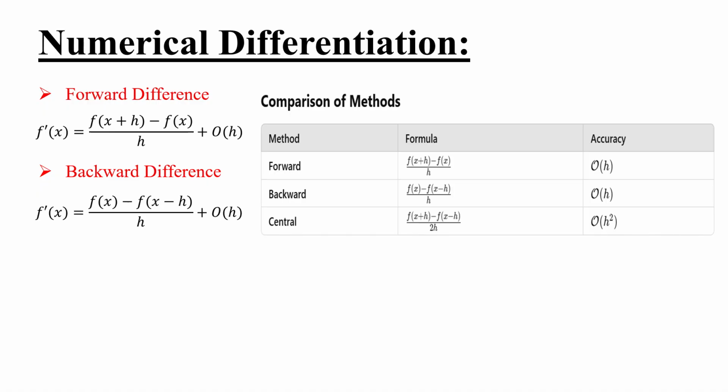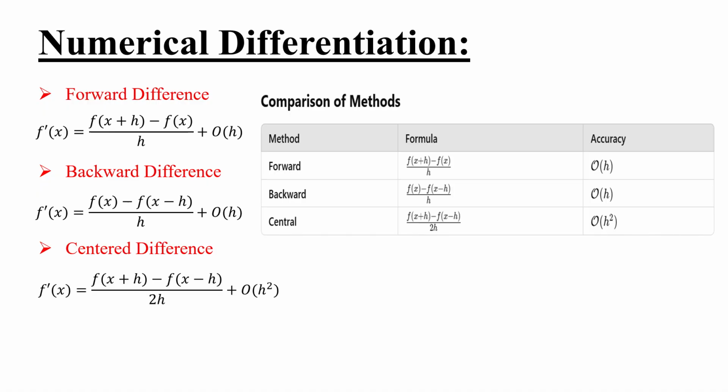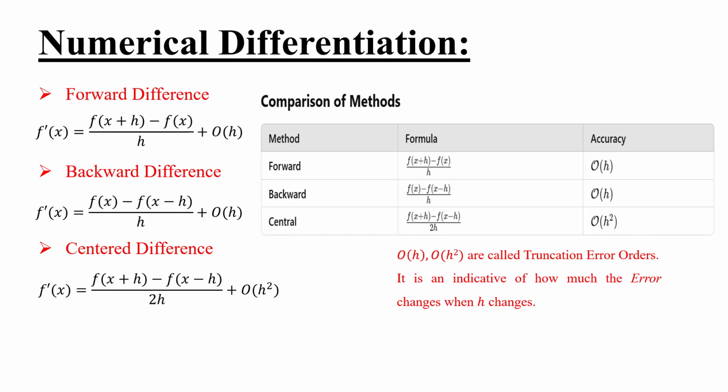Now these are the formulas for forward and backward difference. It's very important to know that this big O of h, because we are not using the higher terms of the Taylor series, is called the truncation error order. It is indicative of how much the error changes when h changes. Now the forward and backward difference formulas are comparable in accuracy.